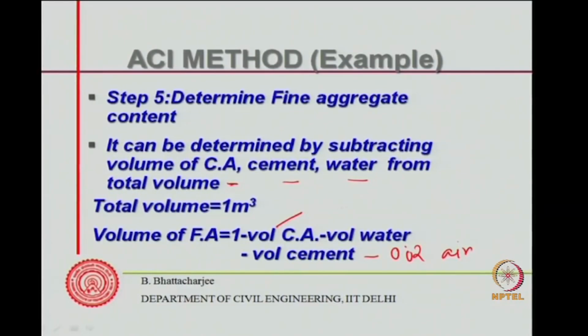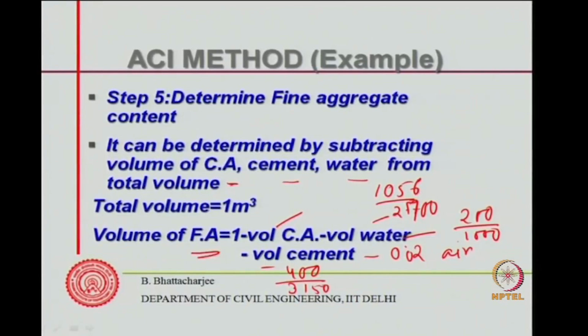Now, volume of coarse aggregate, volume of water. So, volume of coarse aggregate is given as 1056 divided by 2700. Volume of water will be 200 divided by 1000, and volume of cement will be 400 divided by 3150.